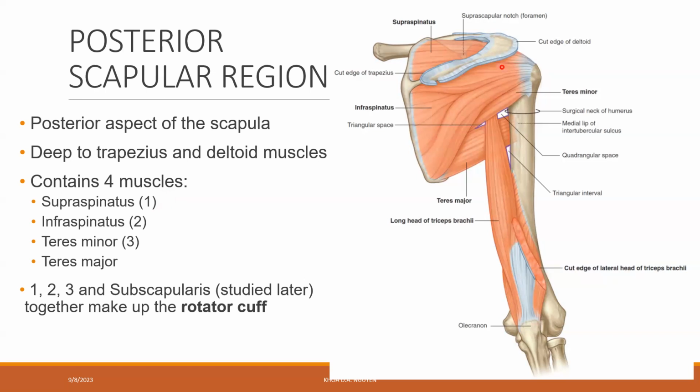The supraspinatus, infraspinatus, teres minor, and subscapularis are going to combine in order to make something called the rotator cuff. And the rotator cuff is going to do two major things. Number one, it helps rotate the humerus or the shoulder joint, if you will. And secondly, it will help protect and reinforce the glenohumeral joint, as we have seen earlier when we learned about the glenohumeral joint.